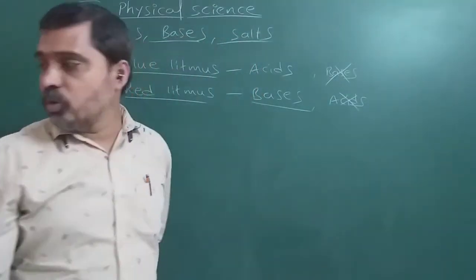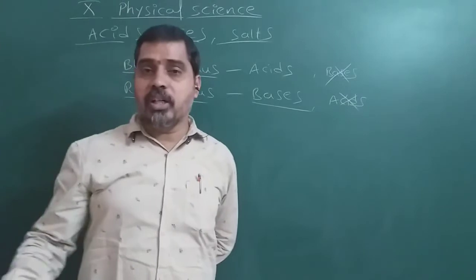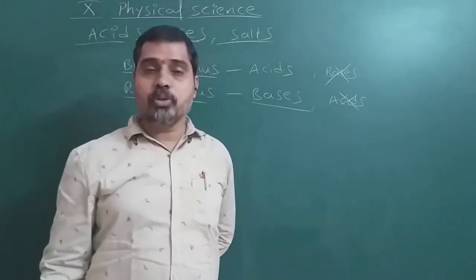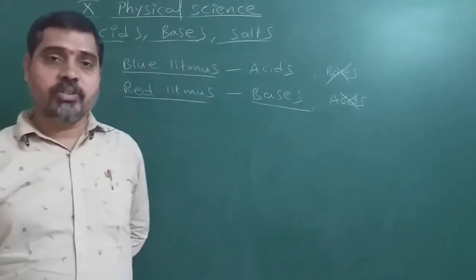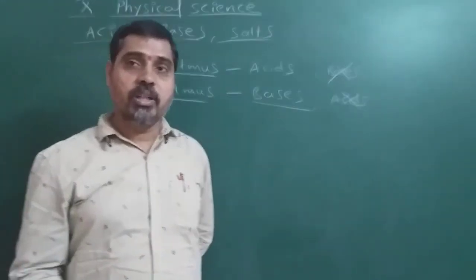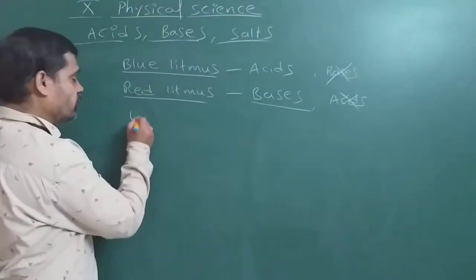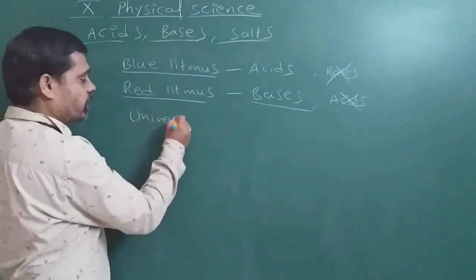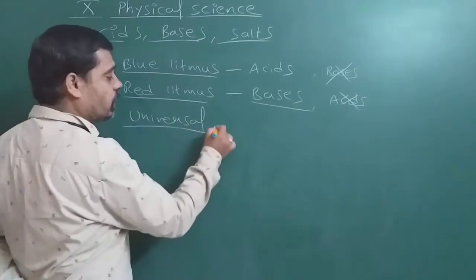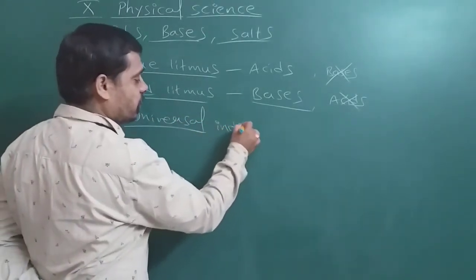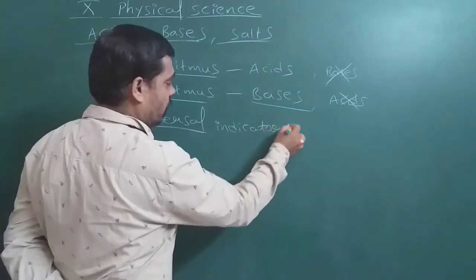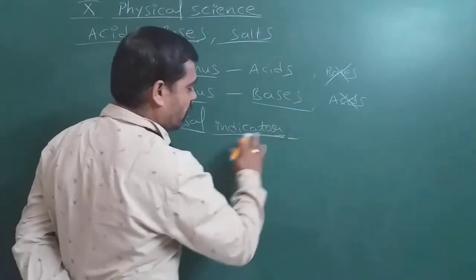Then how to test all the solutions with one indicator? We have one indicator known as universal indicator, which is useful for testing whether the given solution is acid or base or salt.